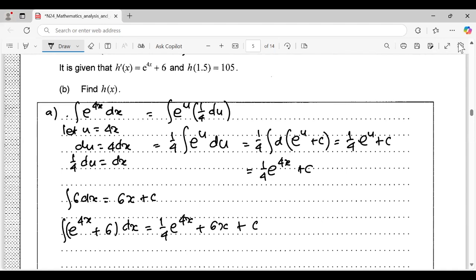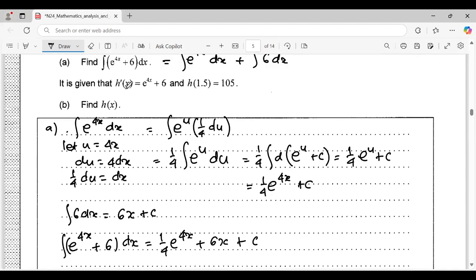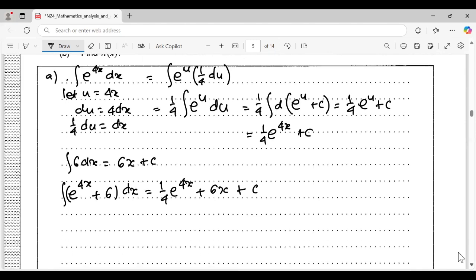It is given that the derivative of h(x) equals e power 4x plus 6 and h(1.5) equals 105. Find h(x).